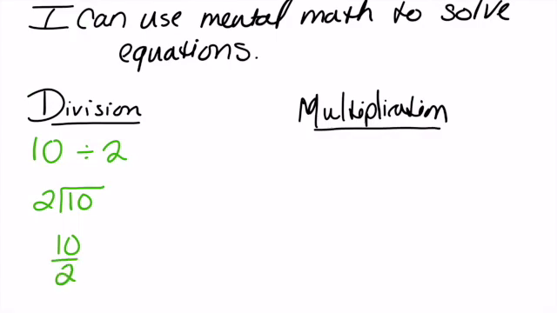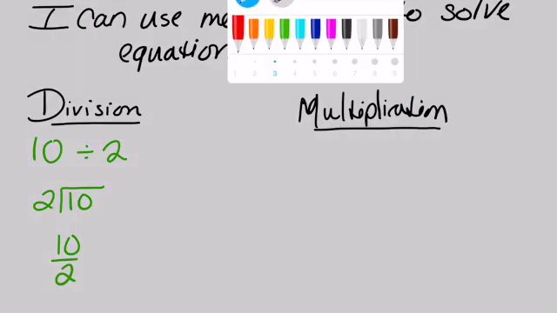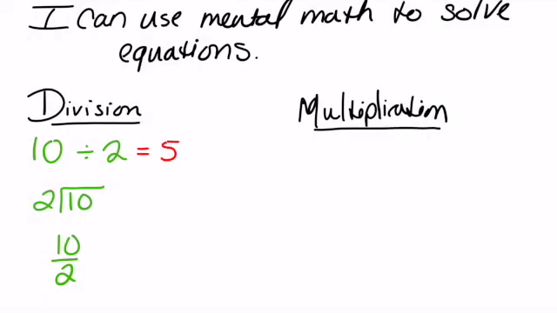And it's still the same thing. 10 divided by 2 is 5. So we're going to start seeing this fraction bar used a lot more as a division symbol. So start thinking of this as the top number divided by the bottom number.